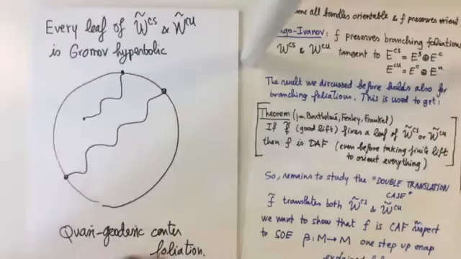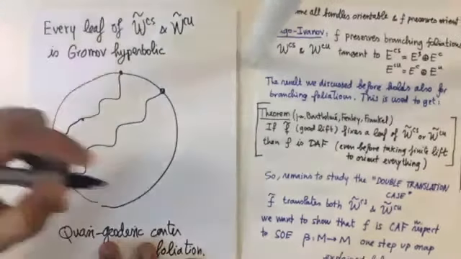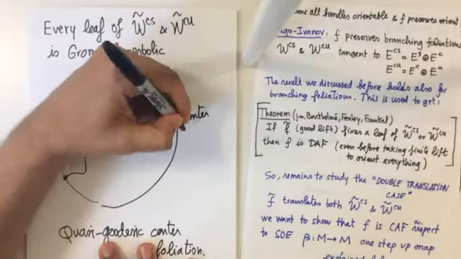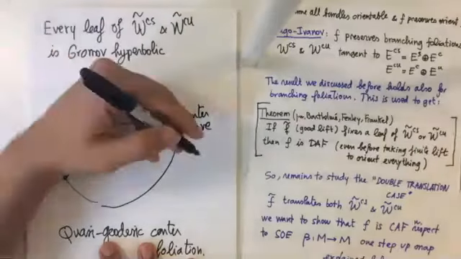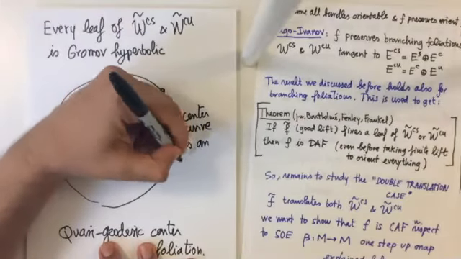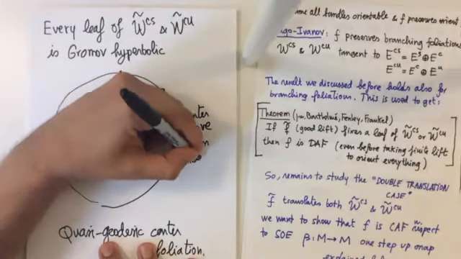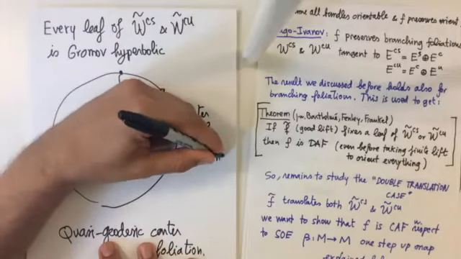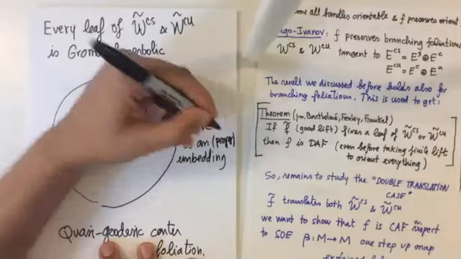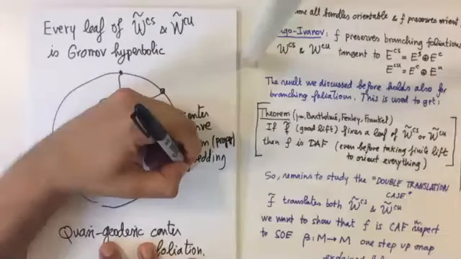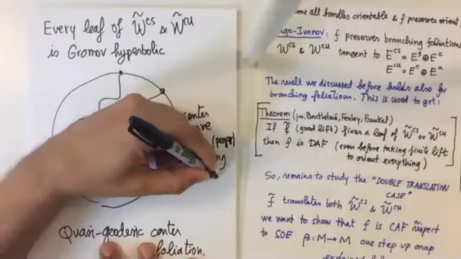So essentially, each center curve in the universal cover is a proper embedding of minus infinity, plus infinity.